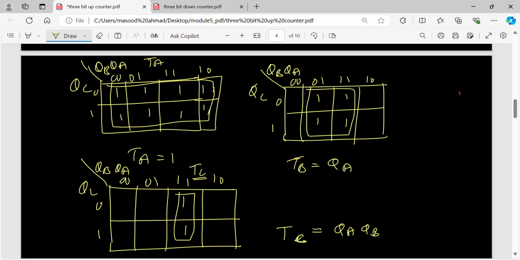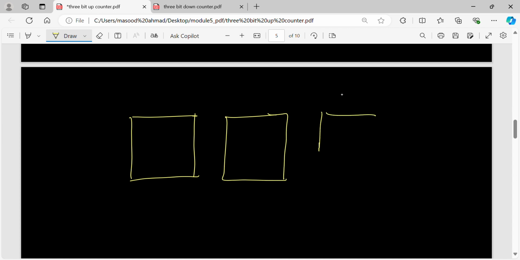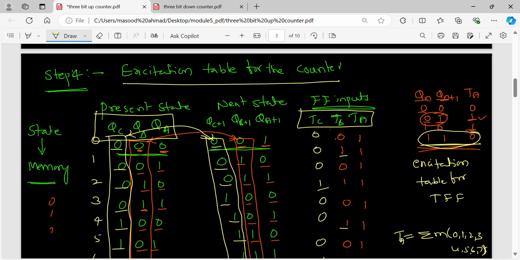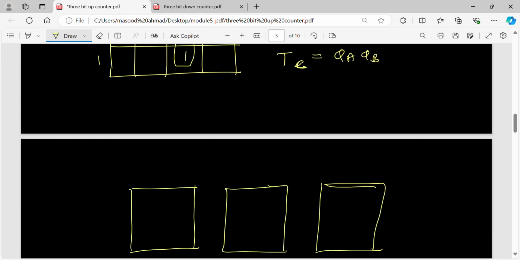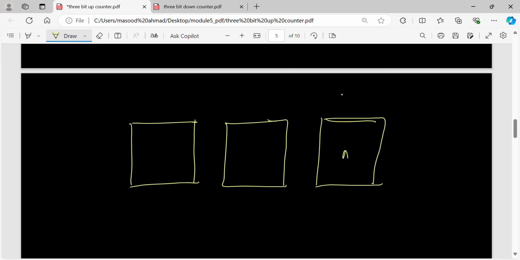Okay. From this, I can draw the circuit diagram. So I take three flip flops, A, B, C. Which is LSB, which is MSB? From the table you can see A is LSB, C is MSB. This is flip flop A, this is flip flop B, this is flip flop C. All are T flip flops.